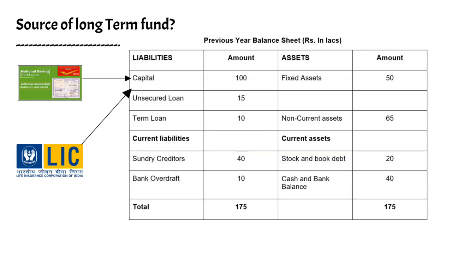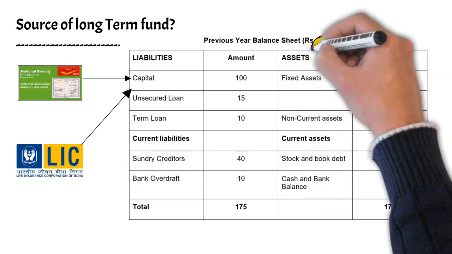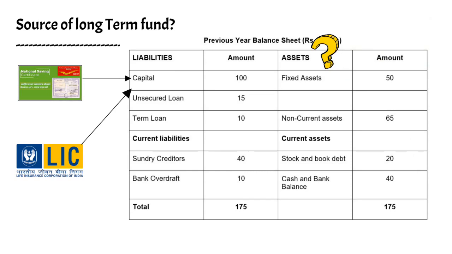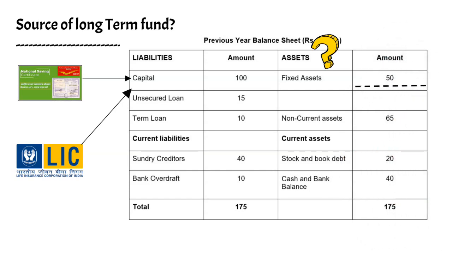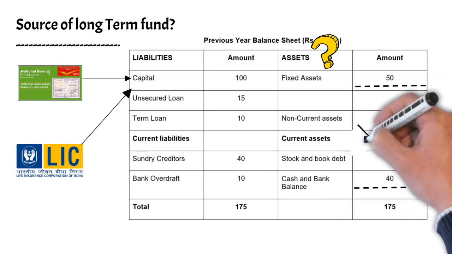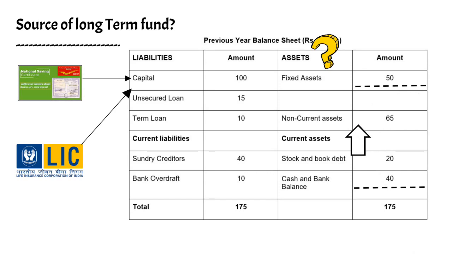But how to compensate for the asset side? How much and where does it have to be added? He plans to purchase a new set of machineries, but before that transaction could materialize, he parked the amount in cash and bank balance. And this made our calculation go for a spin.